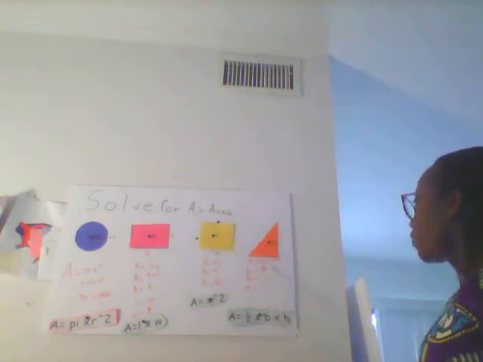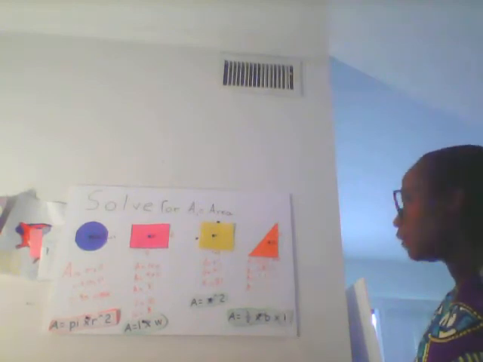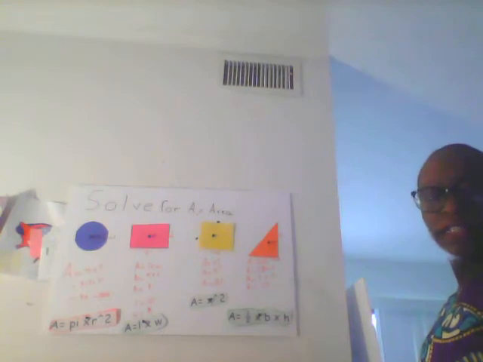Or you say 10 times 15 is 150, divide by 2, still 75. So you still get the same answer. You multiply first, then divide by 2, or divide by 2, then multiply by 15. You still come up with the area of 75.